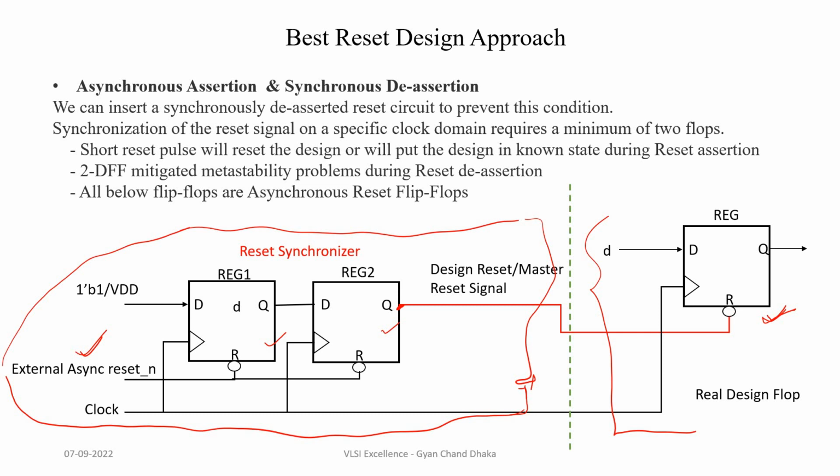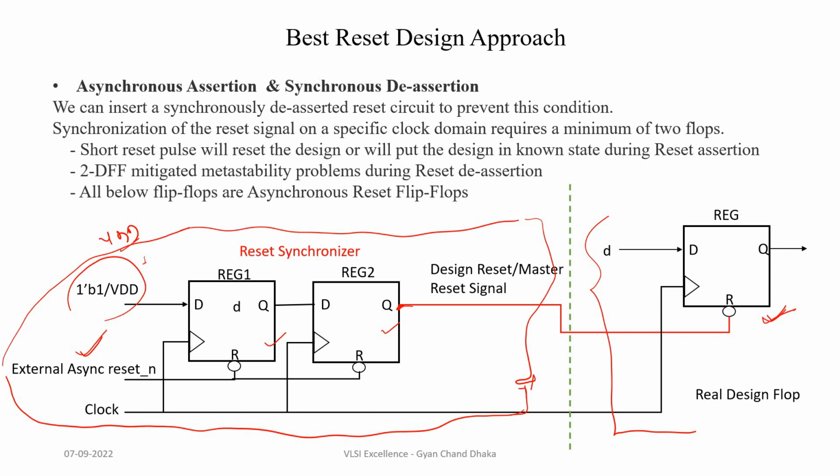But when the reset de-assertion happens, the input of the first flip-flop is tied to VDD, and the input of the second flip-flop is tied to the output of the first flip-flop, and then the output of the second flip-flop goes to all the reset pins of the design flip-flops.